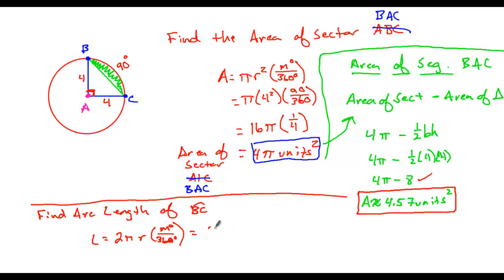So we just do 2 pi times 4 times 90 over 360. So that's 2 pi times 4 times 1/4. And we have 4 times 1/4. That just equals 2 pi units.